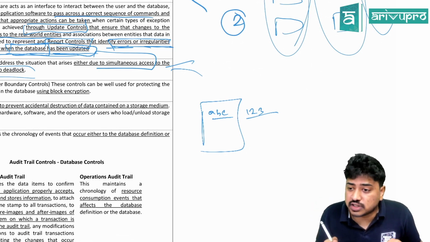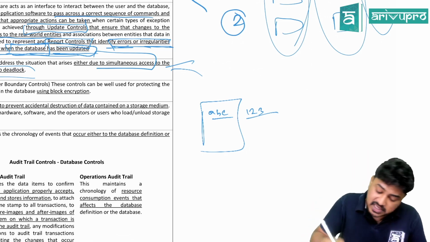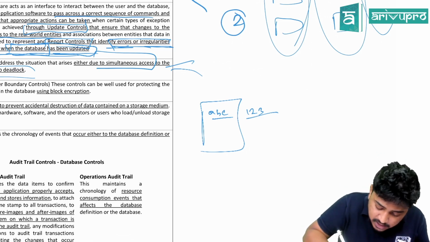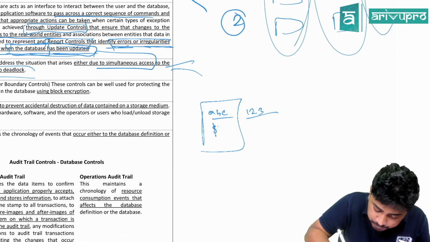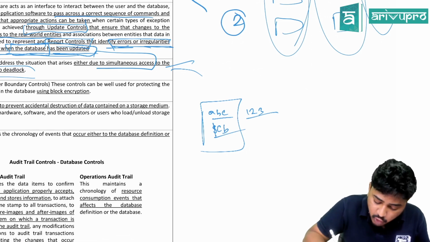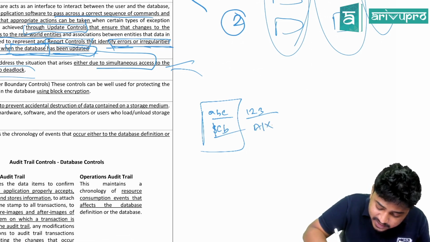Now, a thief also sees it. Can he understand it? But what if I encrypt it inside the database itself? ABC, I make it as star dollar symbol CB, and the phone number I encrypt as A1 hash.